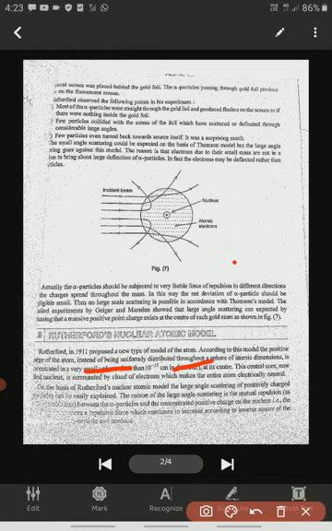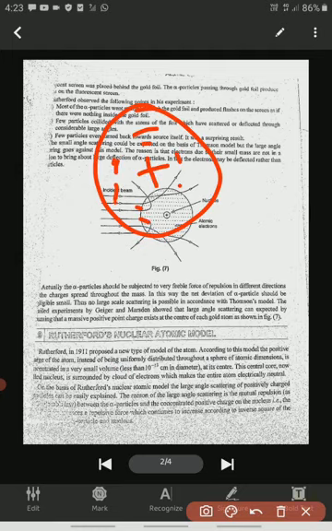According to Rutherford, the nucleus is concentrated. If you take an atom, it is always in the form of a sphere, with the nucleus at the center and electrons moving around the nucleus.